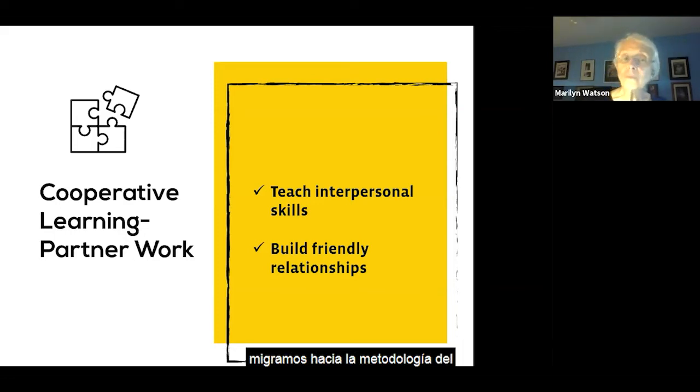So we moved to what we called partner work, our version of cooperative learning. In partner work, the teacher would usually look at the particular skills that an activity she's about to give the students will draw on.